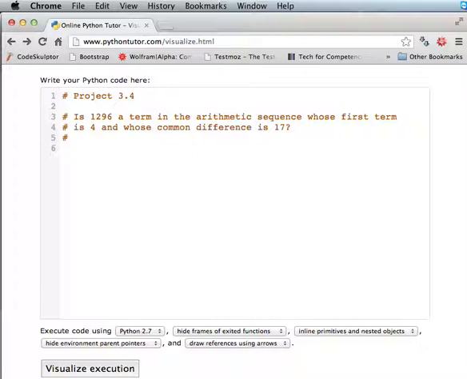If we go back to, let's see what page that was, page 62.